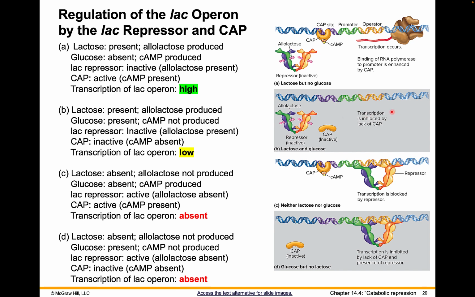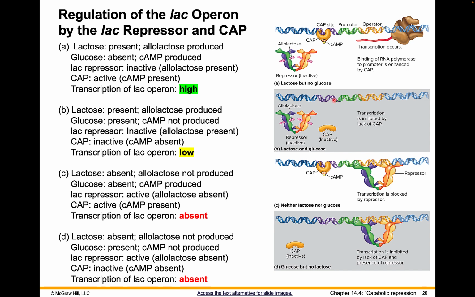On the other hand, as the lactose is present, a small amount of lactose is going to come into the cell, be converted into the allolactose, and the repressor is going to bind those. So here some of the repressor are not going to bind to the operator region.